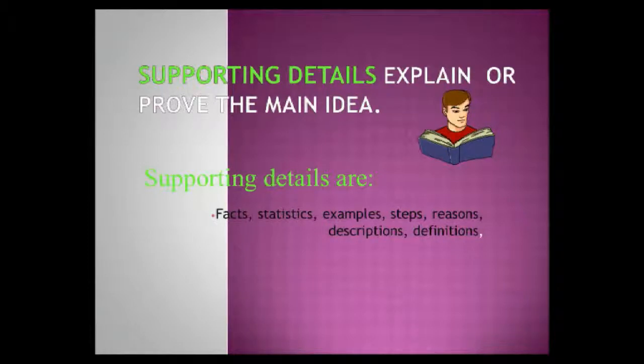They may give us examples or reasons, descriptions, definitions. There are many, many more things that we could add to this, but for the most part, these are the things that you will most likely run across. Okay, so supporting details explain, develop, or prove the main idea, or remember we said we can also call that the topic sentence.